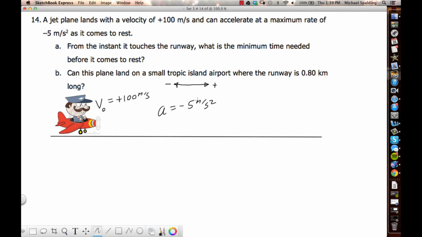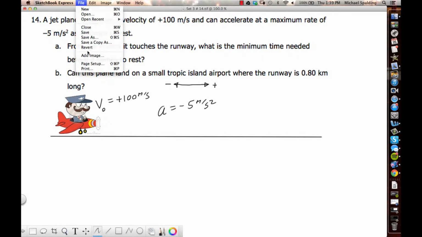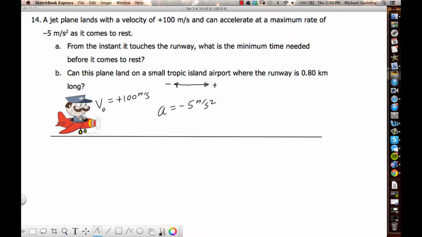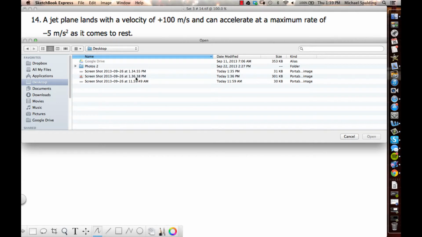All right, so what are the questions here? From the instant it touches the runway, what is the minimum time needed before it comes to rest? Let me add an image here. We're going to put the airplane final right here.